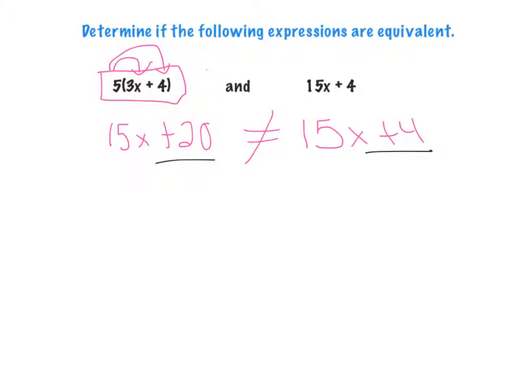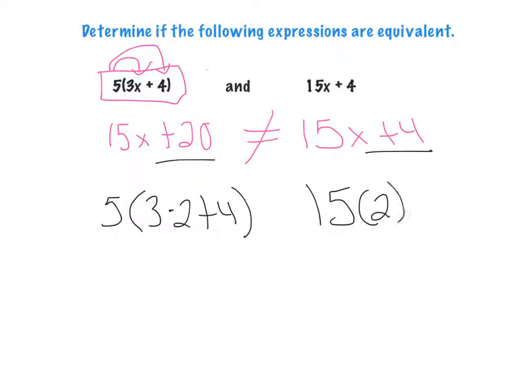But we could also plug in a number to determine if they are equivalent as well. So I'm going to plug in the number 2 again. So I have 5 and then 3. And remember, when there is a number and a coefficient, that means to multiply. So 3 times 2 plus 4, and then 15 times 2 plus 4. So I'm letting x equal 2 for both of the expressions. Follow order of operations.